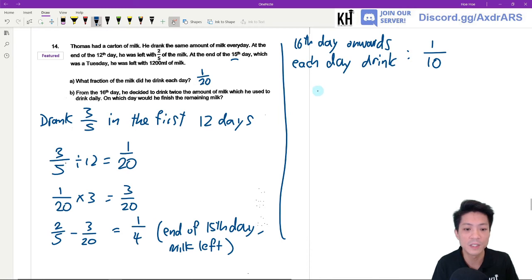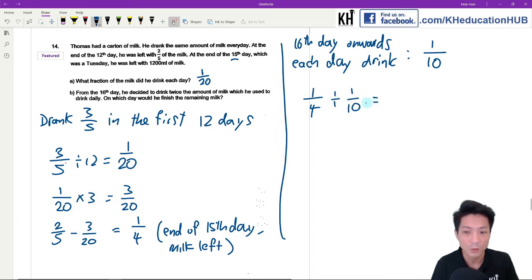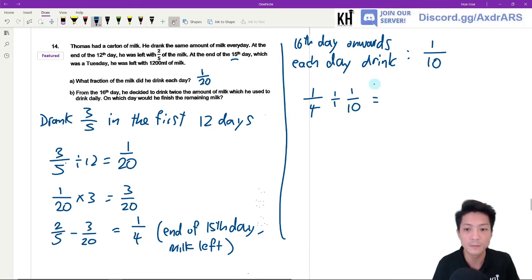Let's find out how many days it's going to take to finish the remaining milk, which is a quarter. So a quarter divided by 1 out of 10 gives me 2.5 days.